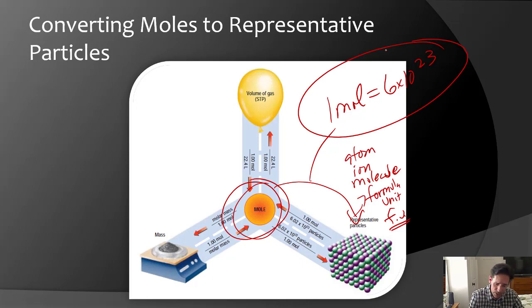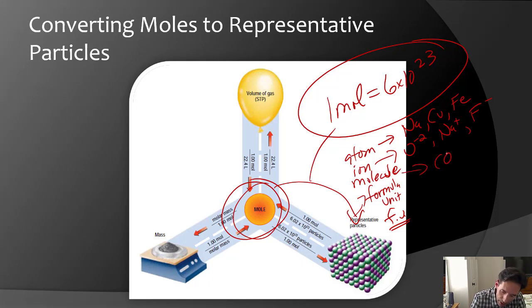Now, how do you know if it's an atom? Well, ladies and gentlemen, an atom would be something like Na or Cu or Fe. An ion would be things like O 2-, Na+, or something like F-. A molecule would be something like CO2 or H2O, things that are bound covalently.